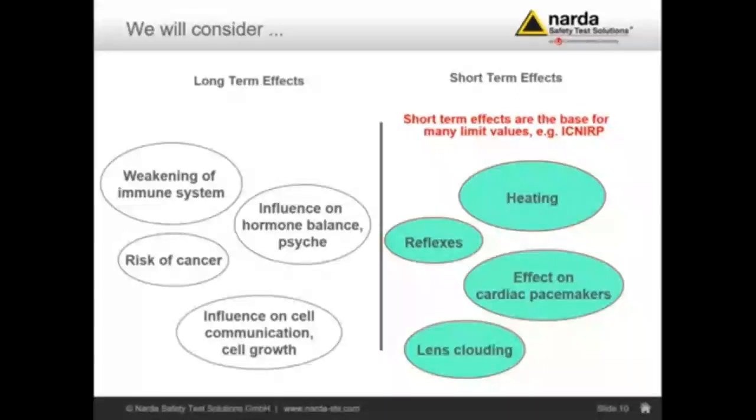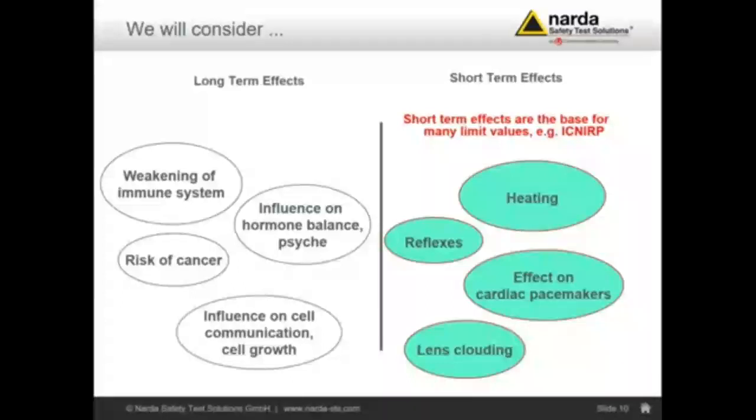On the other side, we have the so-called short-term effects. The short-term effects are the basis for international legislation, like ICNIRP. ICNIRP is the International Commission for Non-Ionizing Radiation Protection.